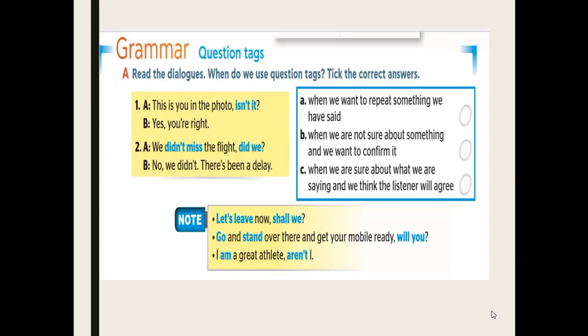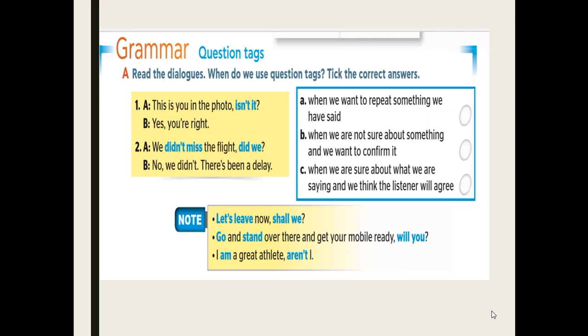Okay, now my students, we use tag questions to ask a question in order to express sarcasm, anger, disbelief, shock, concern, and other emotions. For example, look at the first part of the sentence. This is you in the photo, isn't it?